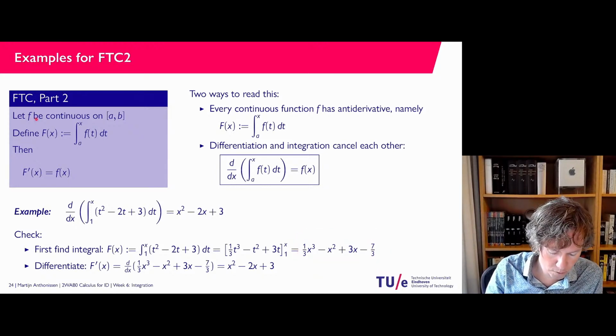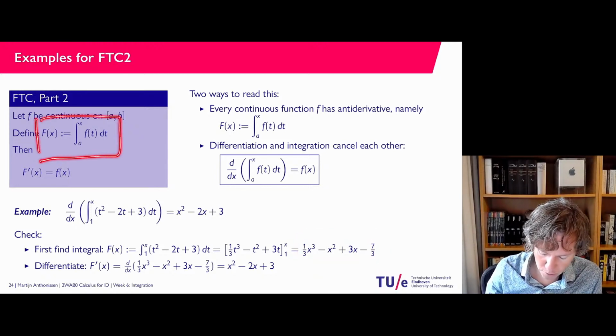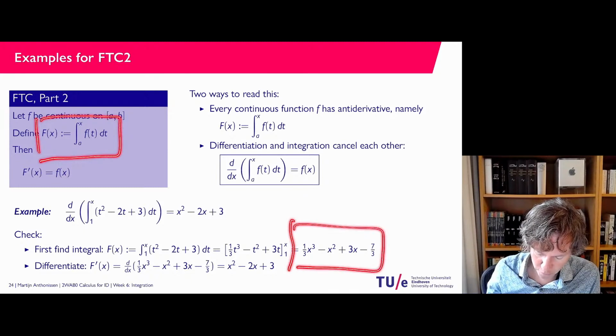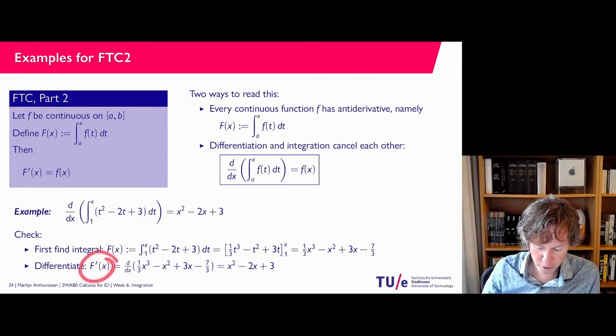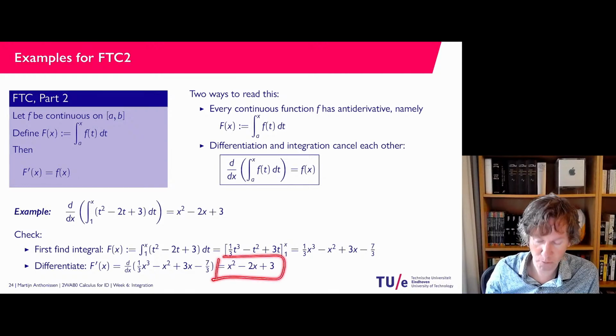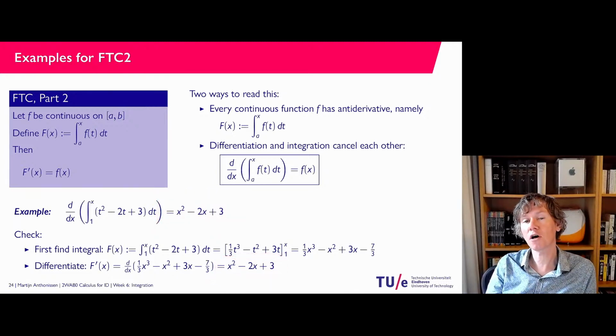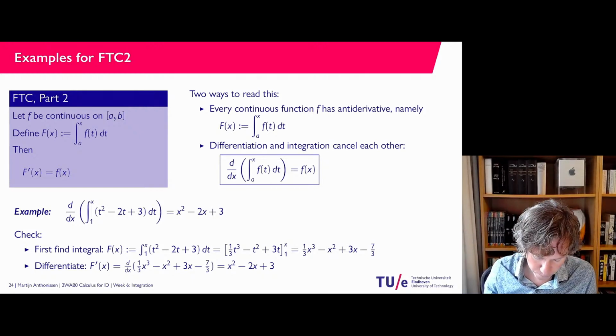Next we can differentiate, so I can compute F prime of x, and if you do that you find x squared minus 2x plus 3. So indeed you find the same thing. So that gives a little bit of confidence in this formula and what it tries to tell us.